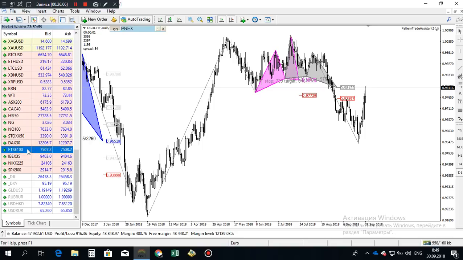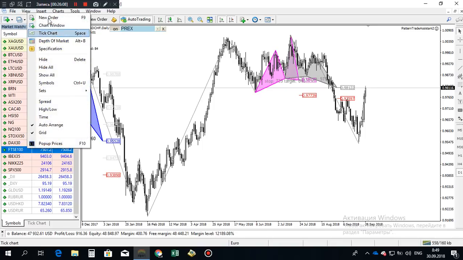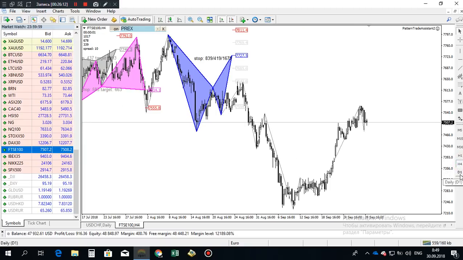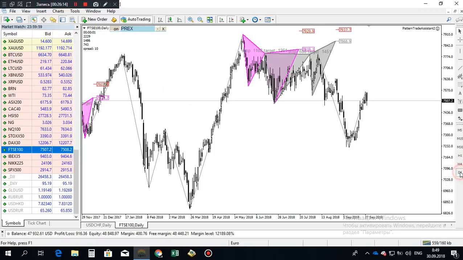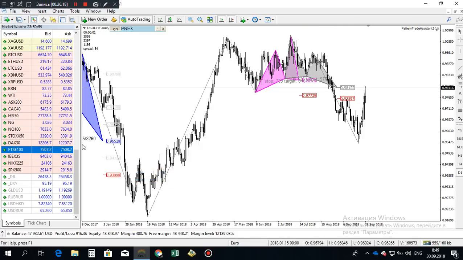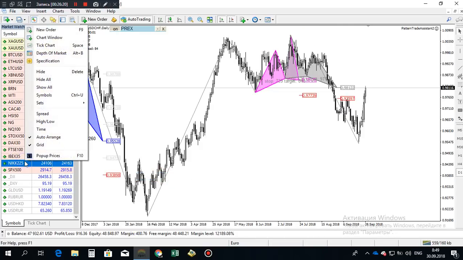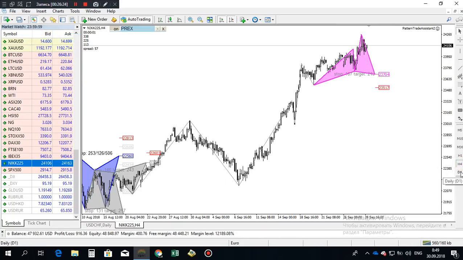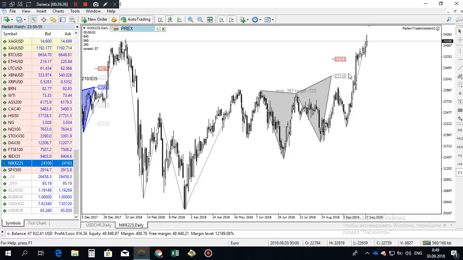FTSE. Let's open this to check what is there. Loading new data. Nothing is there. Then let's go to Nikkei. Load some data. Nothing.